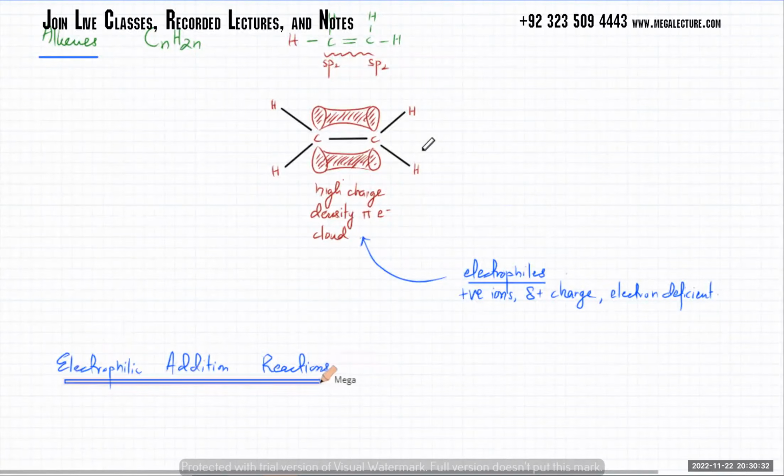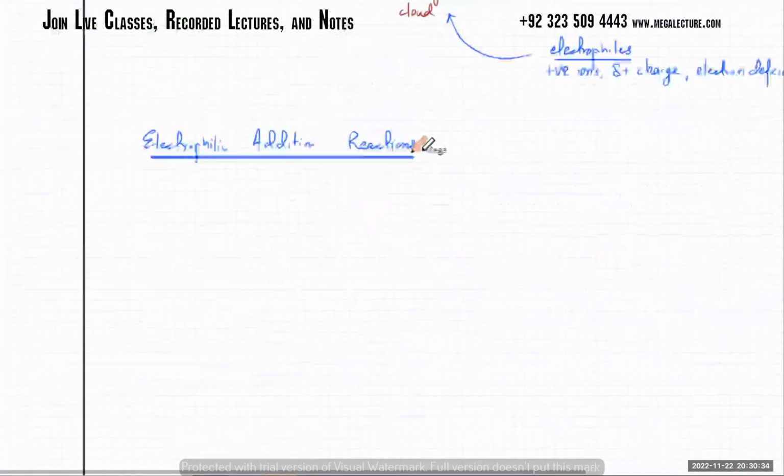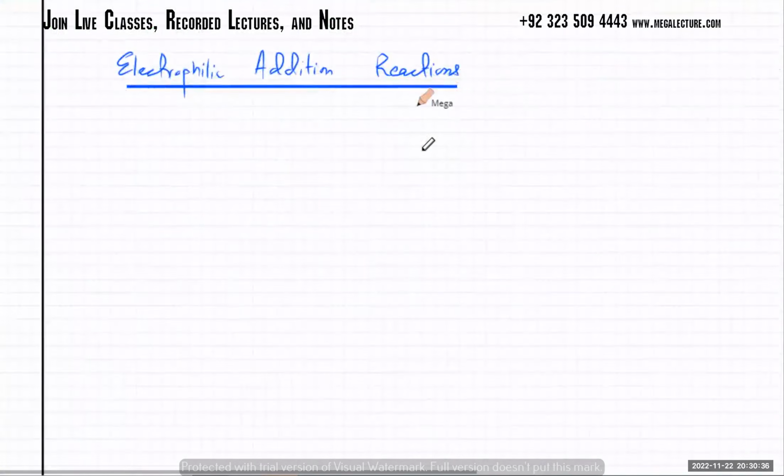And basically in electrophilic addition, every time what will happen is there might be a molecule that's an alkene, and there might be an electrophile.